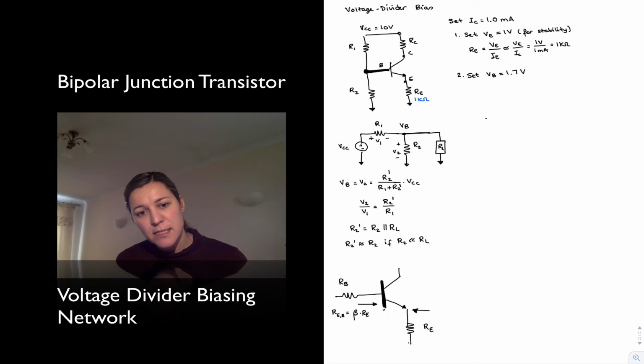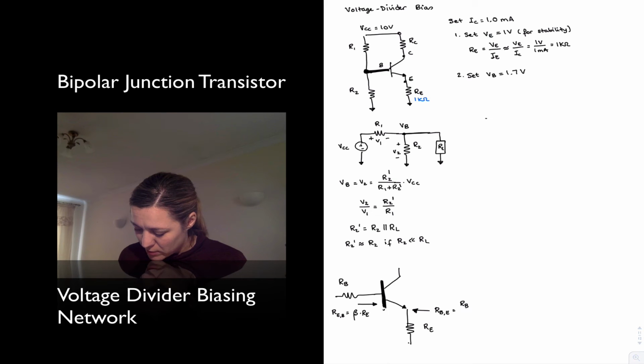I'm going to see the resistance that's connected at the base reduced by a factor of beta. And so my resistance at the base looking from the emitter is going to be equal to RB divided by beta.